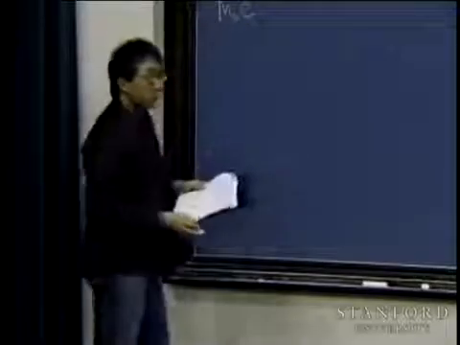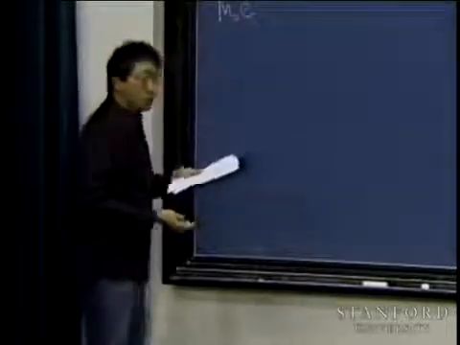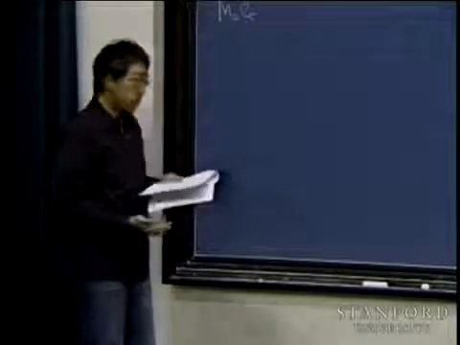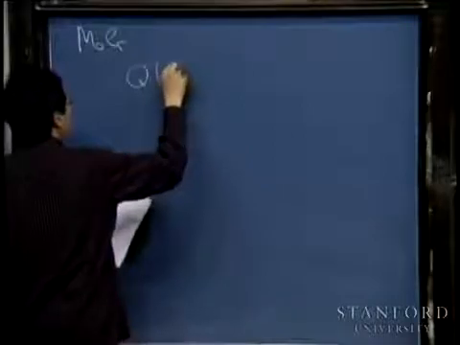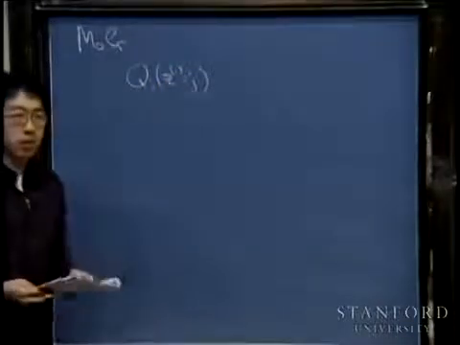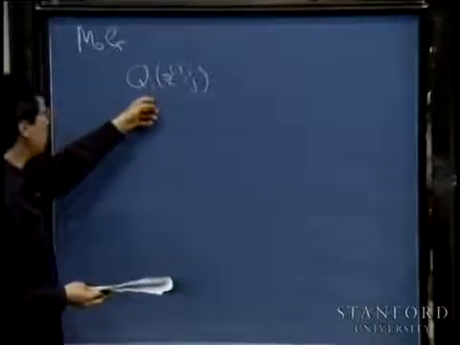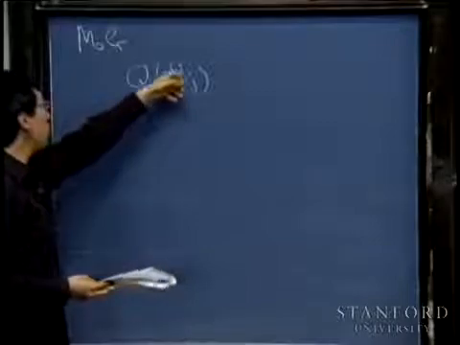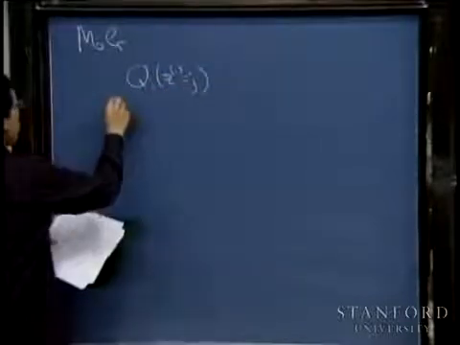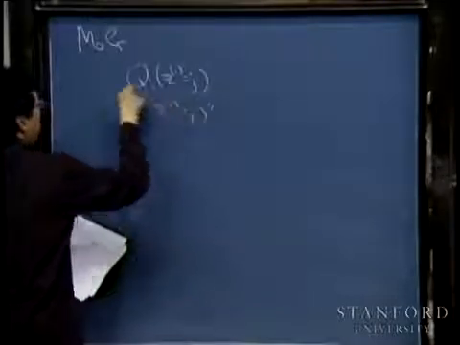MOG, that's my abbreviation for mixture of Gaussians. So in the E step, we have to work out those Q distributions, right? Q is the probability distribution over the latent random variable Z. In the E step, I need to compute Q of Zi equals j. You can think of this as my writing P of Zi equals j under the Q distribution.